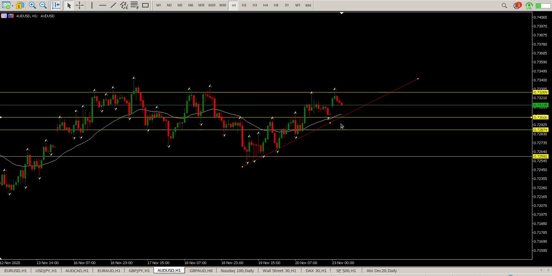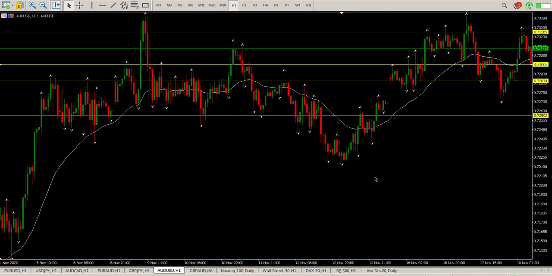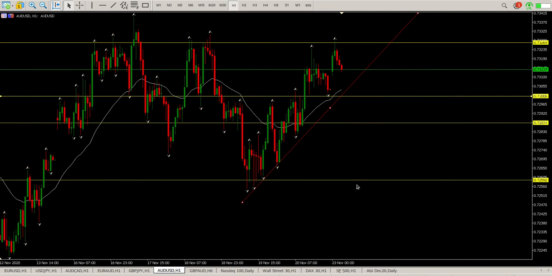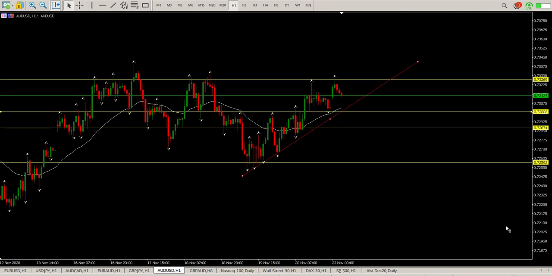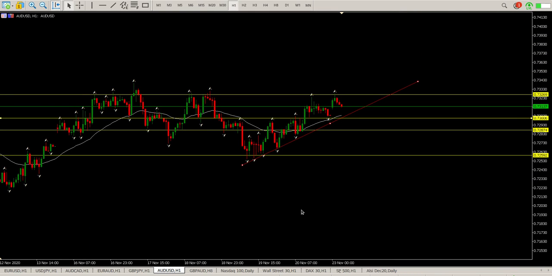So if it does drop below 073 and come back and test it, then you've got a bigger short to come down to test 072.595. So that's kind of the view that I've got at the moment on this one, but it's really not concrete. I prefer to take sure bet trades, and that's not one of them.